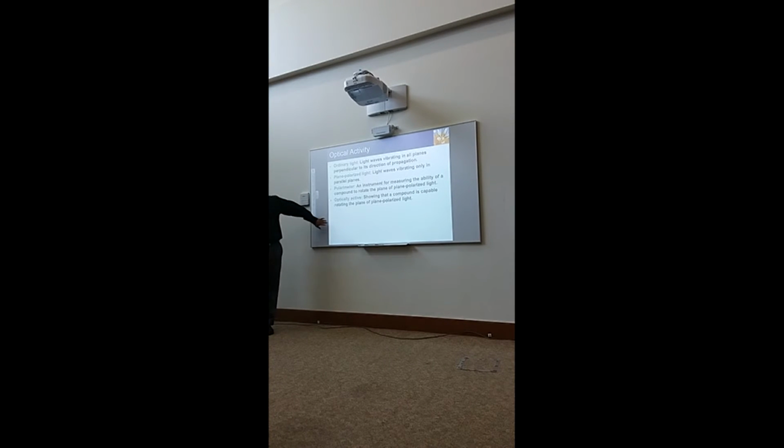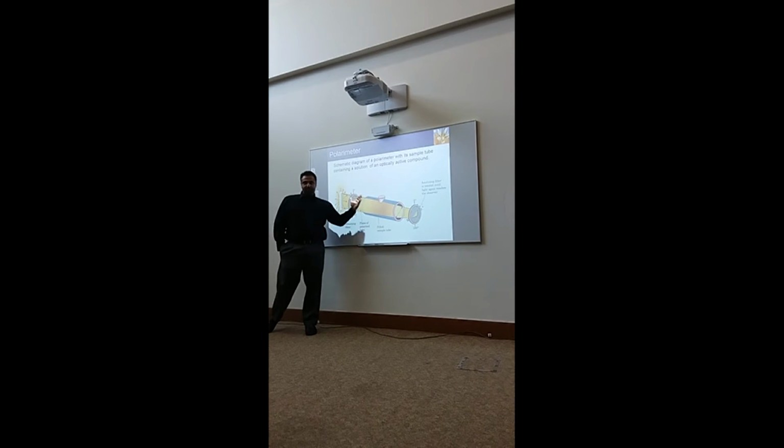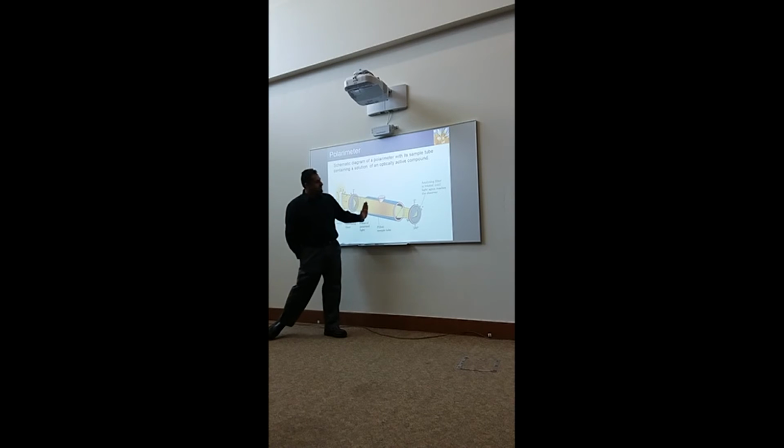So what does this really mean? This picture hopefully will help. As you see, the source of the light goes all over the place. When you pass it through a polarizer filter right here, as you can see these lines, at the zero angle, it's just going to be straight throughout. Now this is where the sample normally is. It depends whether the sample is going to rotate.